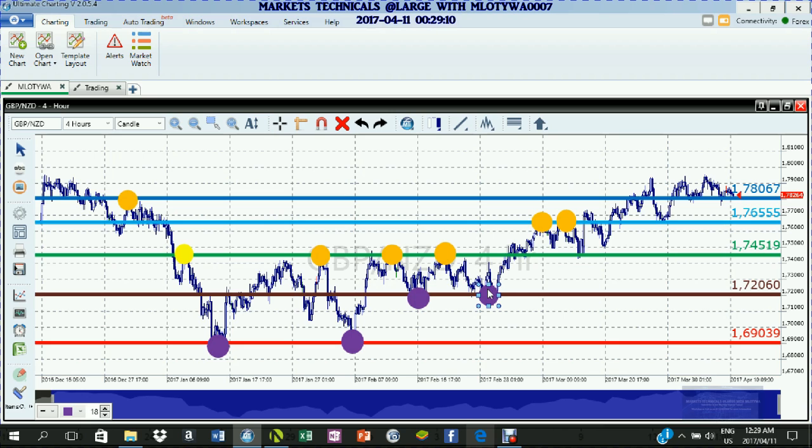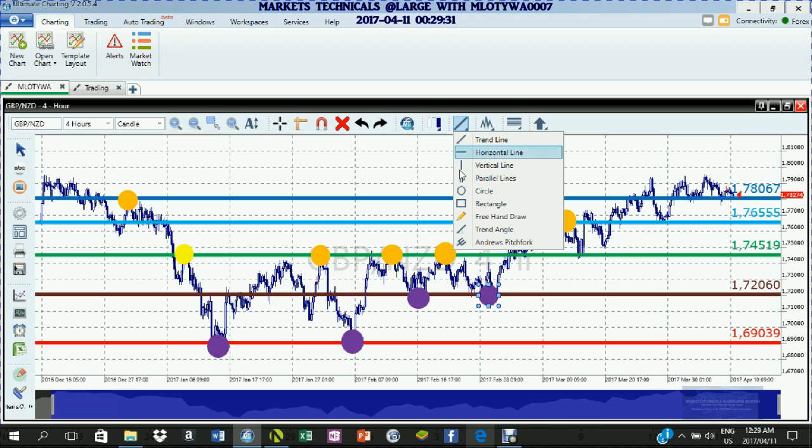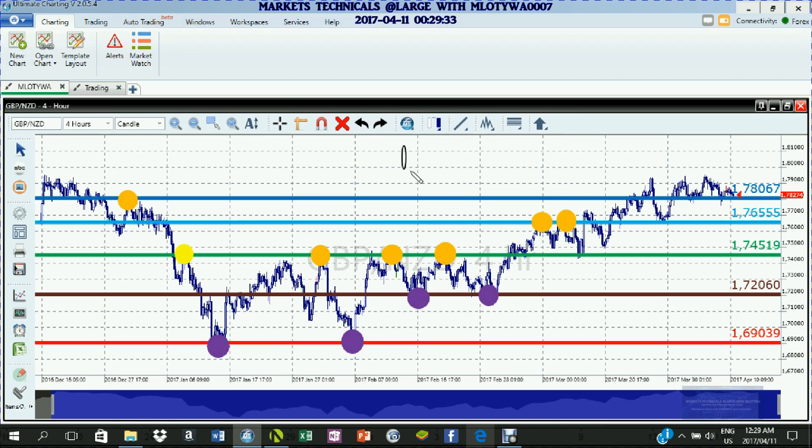Eventually the market managed to pass through, and then it tried to come back to the same rate which was resisting the market, and then it bounced there, meaning that this line now is a support. I'll put the purple circle there so that it can be clear to everyone.